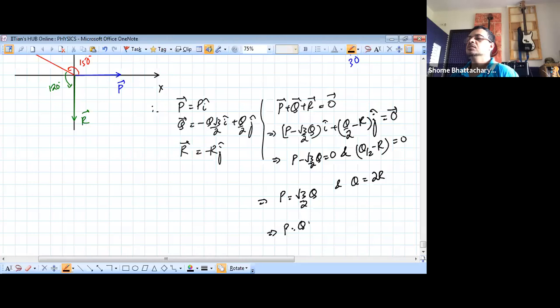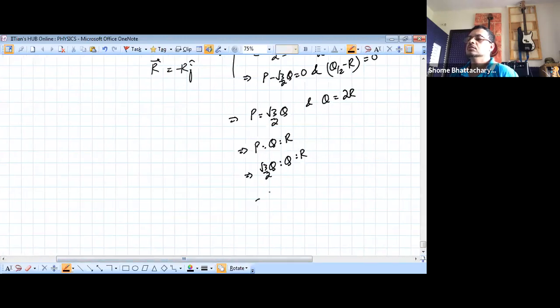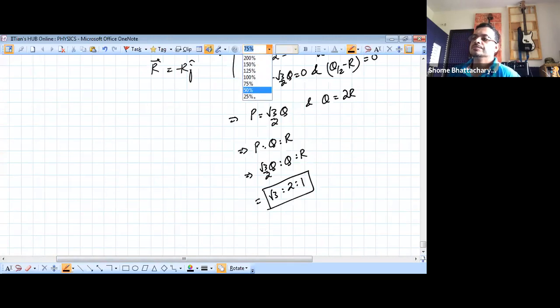So P is to Q is to R will become root 3 is to 2 is to 1, and Q we can write as 2R. So this is the easiest way of solving this question.